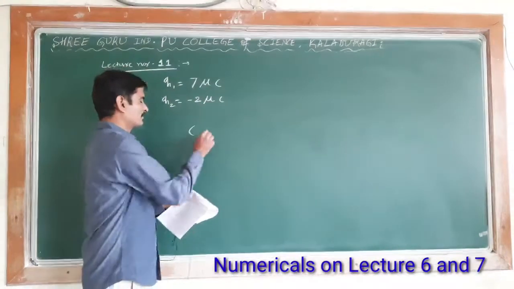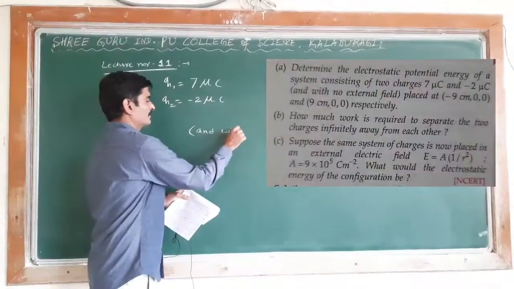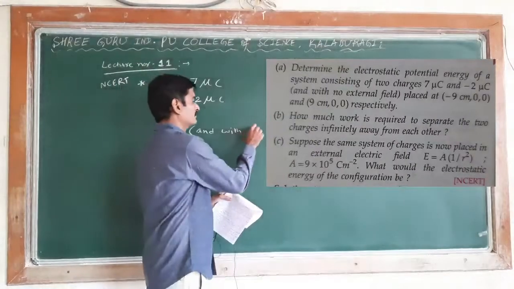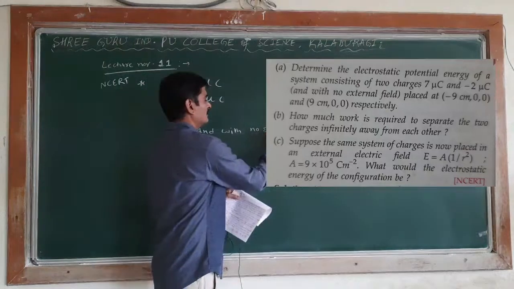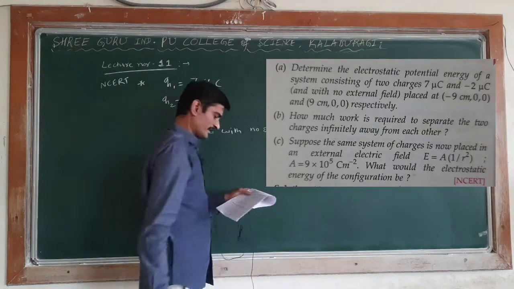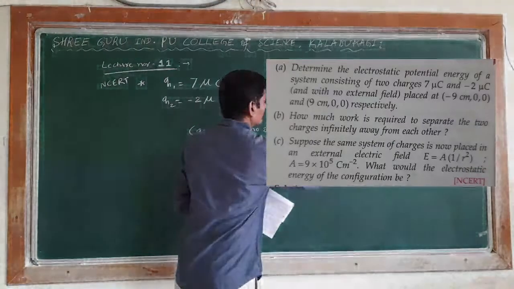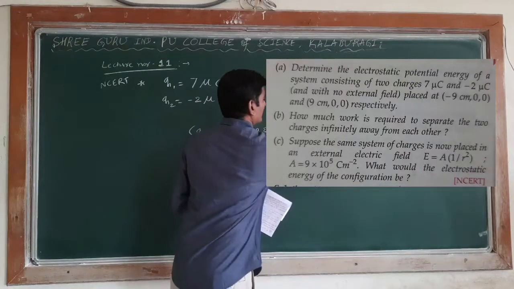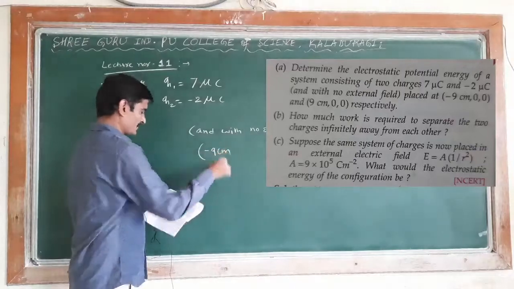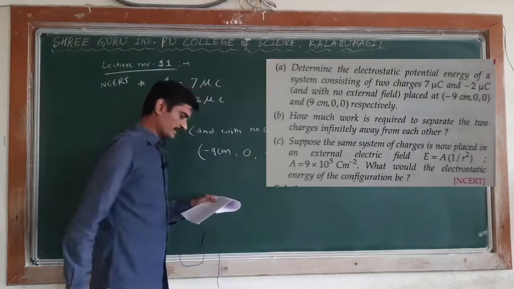In the bracket you write down, with no external field, close the bracket. Placed at bracket 9 centimeter, 0, 0, close the bracket.